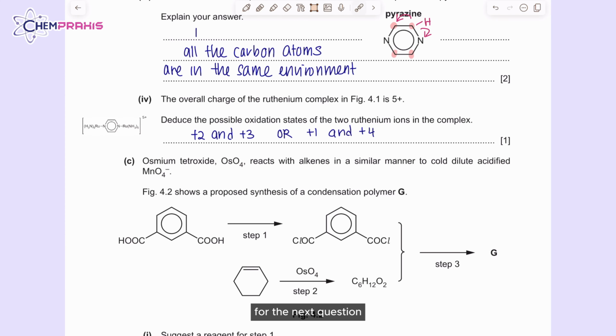For the next question, the overall charge of the ruthenium complex in figure 4.1 is 5+. Deduce the possible oxidation states of the 2 ruthenium ions in the complex. This is the complex ion.